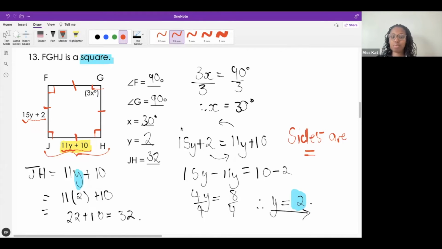And then since we have one variable, which is y, we solve for y. We put them equal to each other, and then we took the 11y over that way and the 2 over that way. Then we had 15y minus 11y, which gave us 4y. On the right-hand side, we have 10 minus 2, which gave us 8. Divide by 4, and y is 2. I hope that answers your question, Zianda.